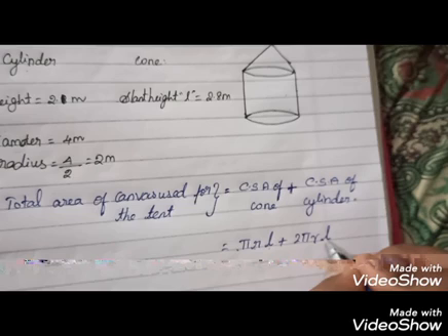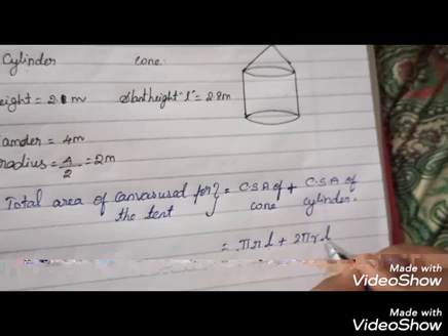7 meter. 7 will get cancelled. So 22 into 2 meter into 1 meter, you get 2 meter square. 2 ones are 2, meter into meter is meter square. So 44 meter square. Now you see, what is this 44 meter square? This is the total area of canvas used for the tent.